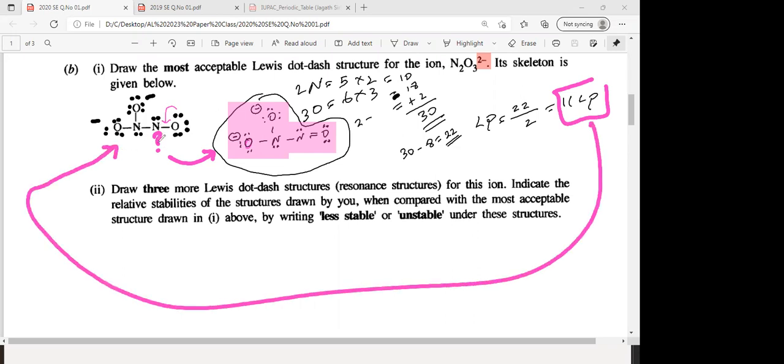Then 9 lone pairs go on the oxygens, and the remaining 2 on the nitrogen atoms, one for each. Then this nitrogen has not reached octet. Therefore, I shift the lone pair from oxygen to make it octet. First you do this, then this, then this step.